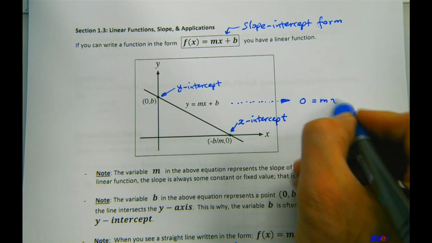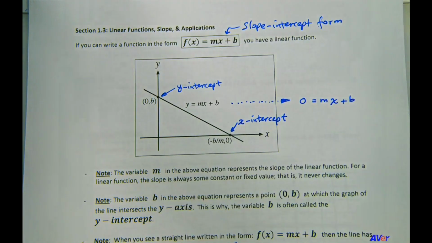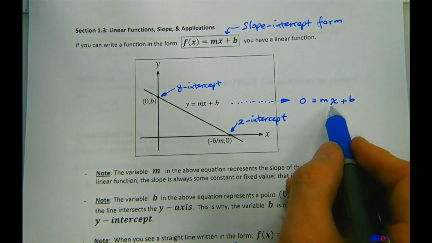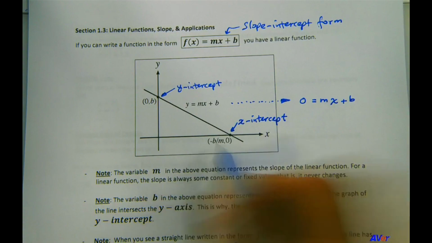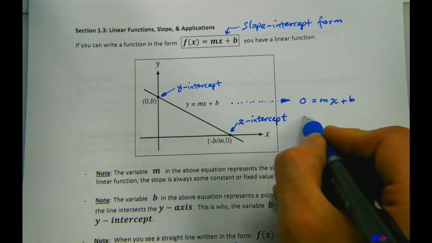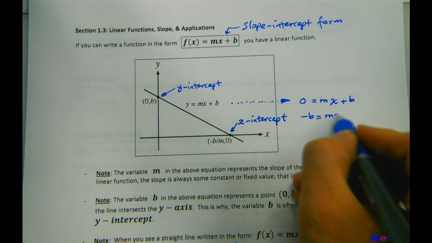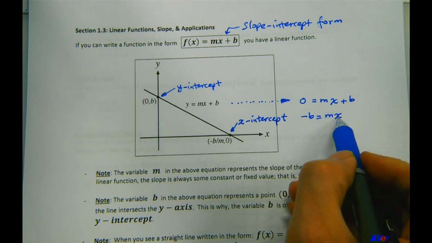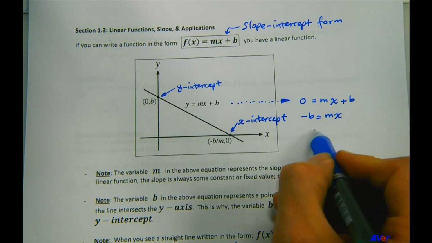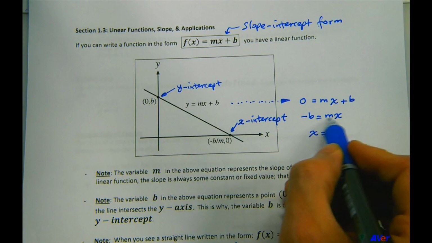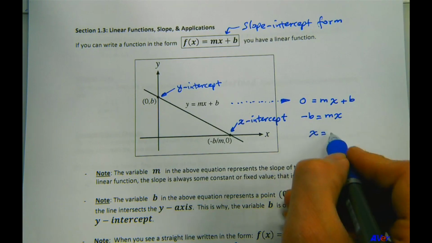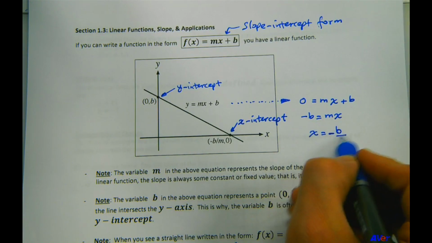0 equals mx plus b, right? Now solve for x, because that is the x. So we have minus b equals mx, right? We're solving for x, so that means we need to isolate x. So then solving for x means getting rid of that m, so we end up with minus b over m.